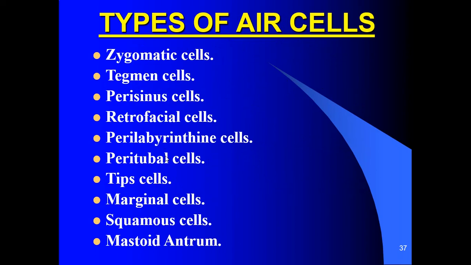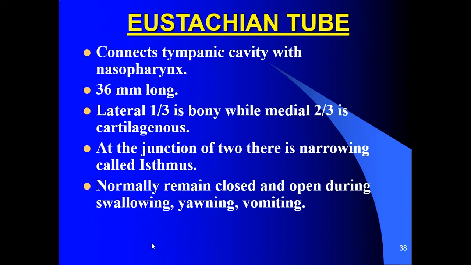There are different air cells which are named as zygomatic cells, tegmen cells, perisinus cells. And lastly, the mastoid antrum, which is also an air cell. And if someone asks you what is the name of the largest mastoid air cell, then that is the mastoid antrum. The mastoid antrum is the largest air cell of the mastoid air cell system.